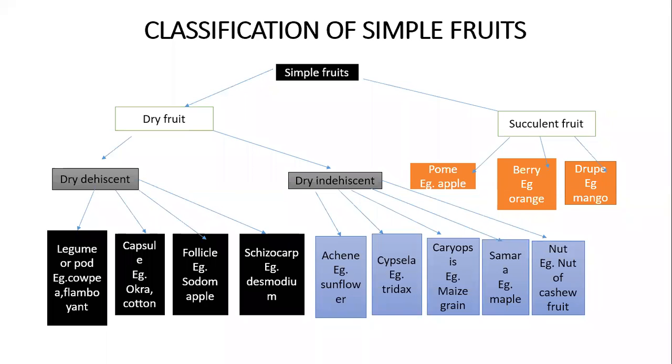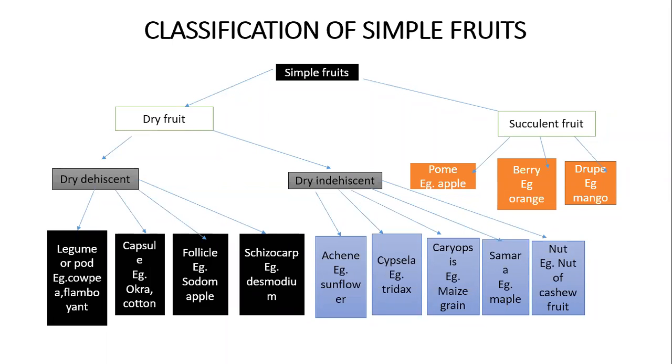They are fruits whose pericarp splits open to release seeds when the fruit is ripened, or when the fruit is ripe. The pericarp splits open to release seeds.